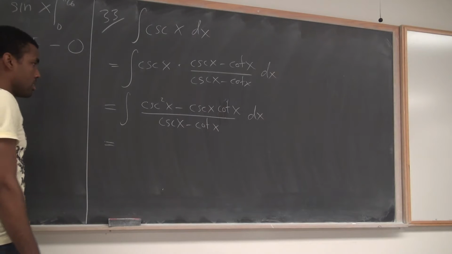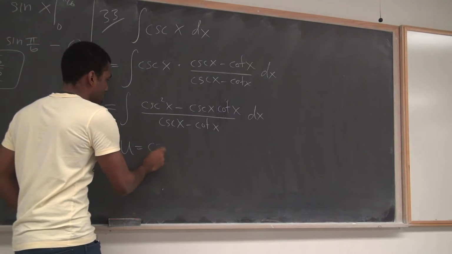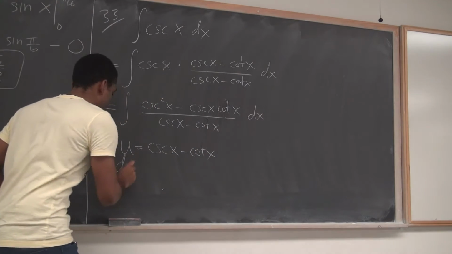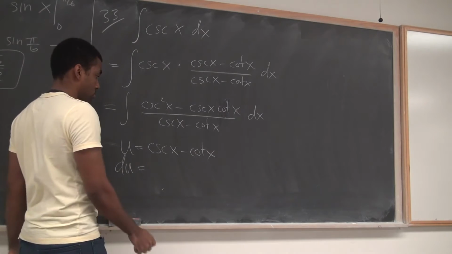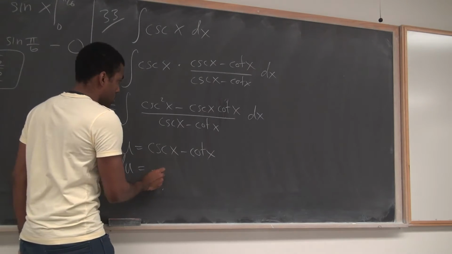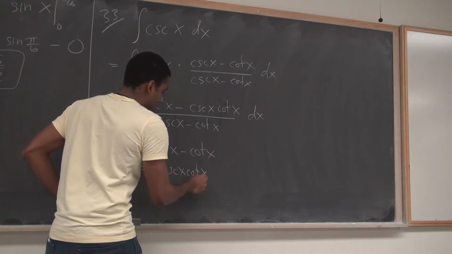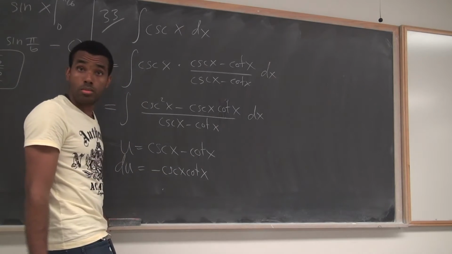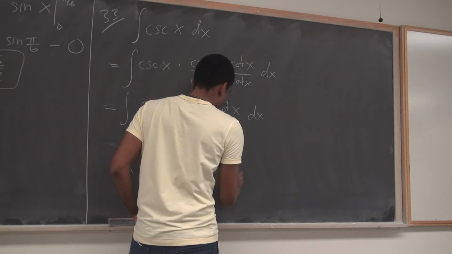And what do you do now? u equals the denominator. Substitution. Derivative of cosecant? It's minus cosecant cotangent. Derivative of cotangent? Cosecant squared.